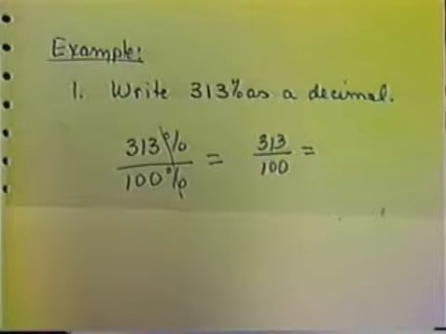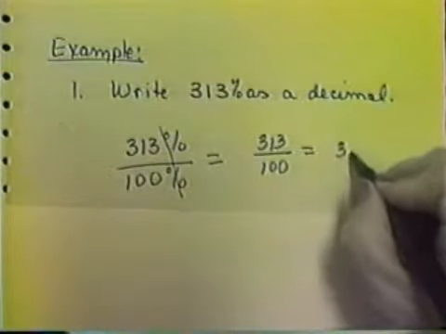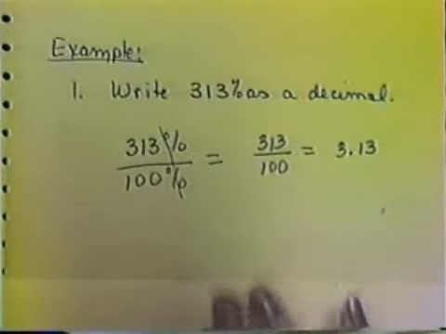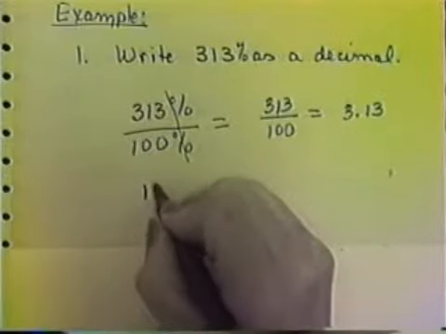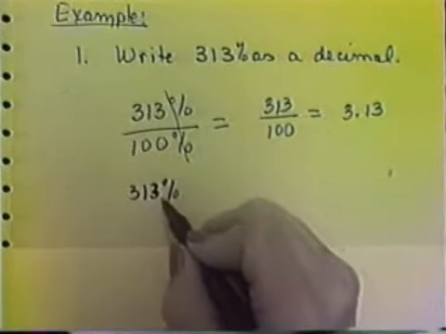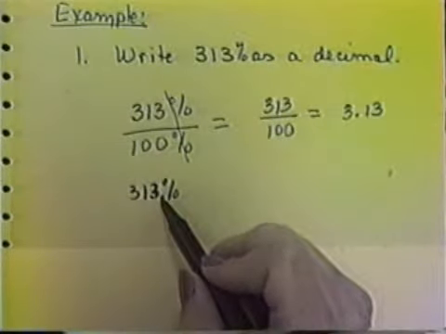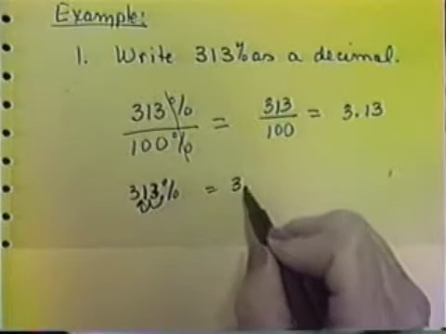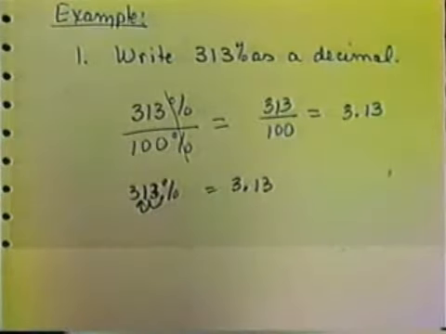Now we can either do that by using our calculator, which we will end up with 3.13, or we can look at 313%, say the decimal is right here and I want to move 2 places to the left, which will give me 3.13, drop the percent.